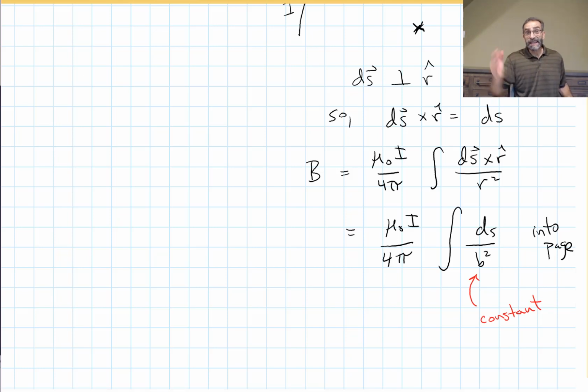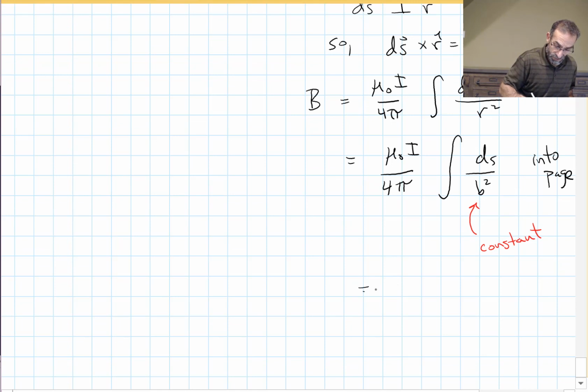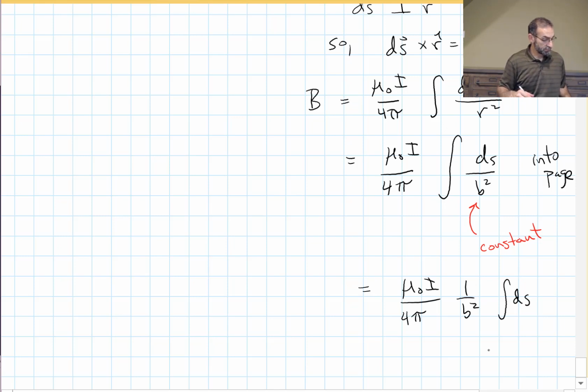That means it comes out of the integral. Mu naught I over 4 pi, the b squared comes out, and we just have the integral of ds.